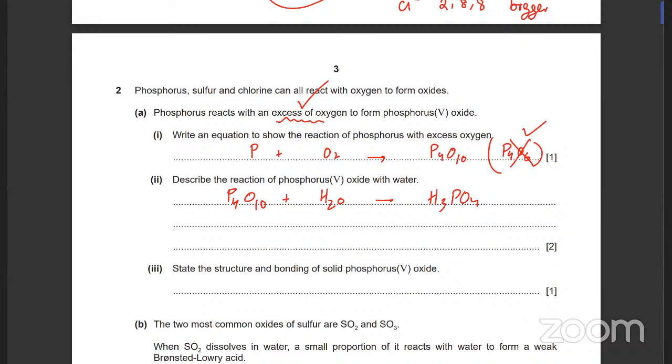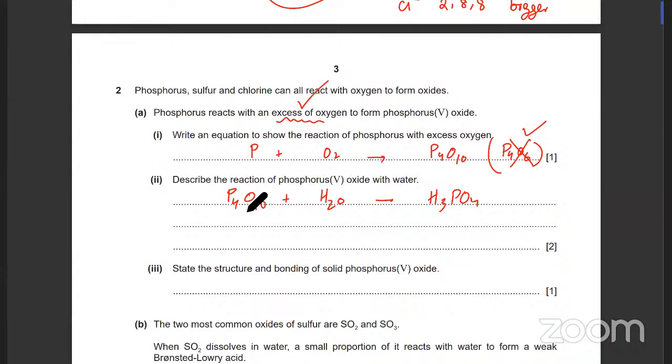But you have to describe this. They're not talking really about observation, so that kind of makes it vague. But how do you describe this reaction? What is going to happen? What is the state of P4O10?